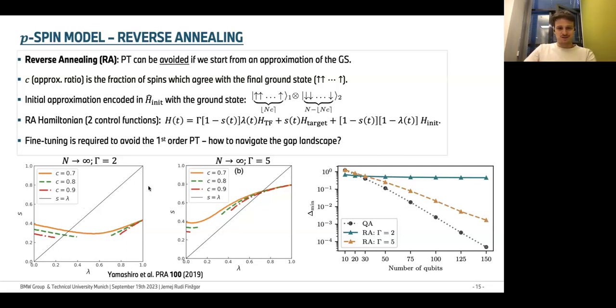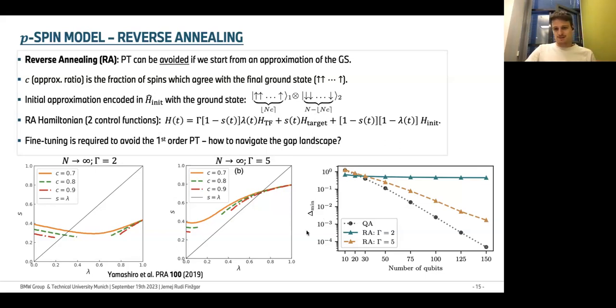However, I've been mentioning the word fine tuning quite a lot. If you slightly change gamma, for example, gamma equals 5, no matter how good your initial approximation ratio is, within reasonable bounds, you always hit this line of first order phase transition, so there is no such exponential speed up.